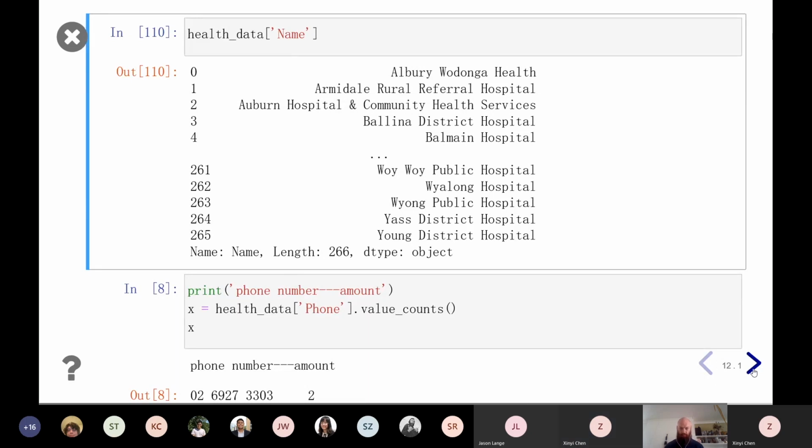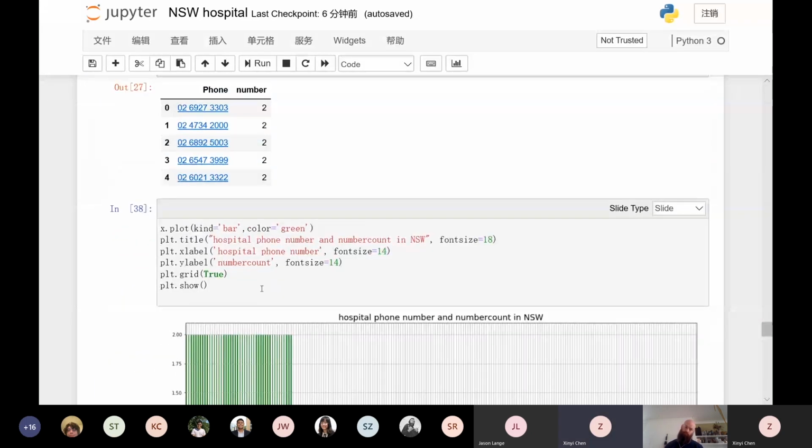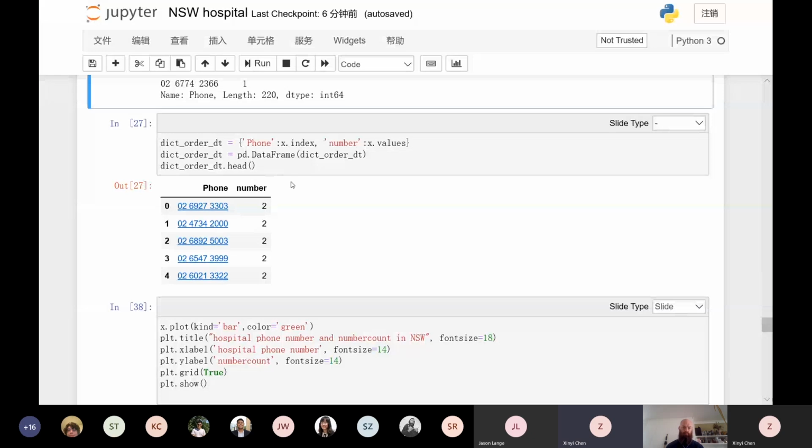So in the end, I'm also looking at the phone numbers. I got phone numbers here, and some of the hospitals share a phone number together.